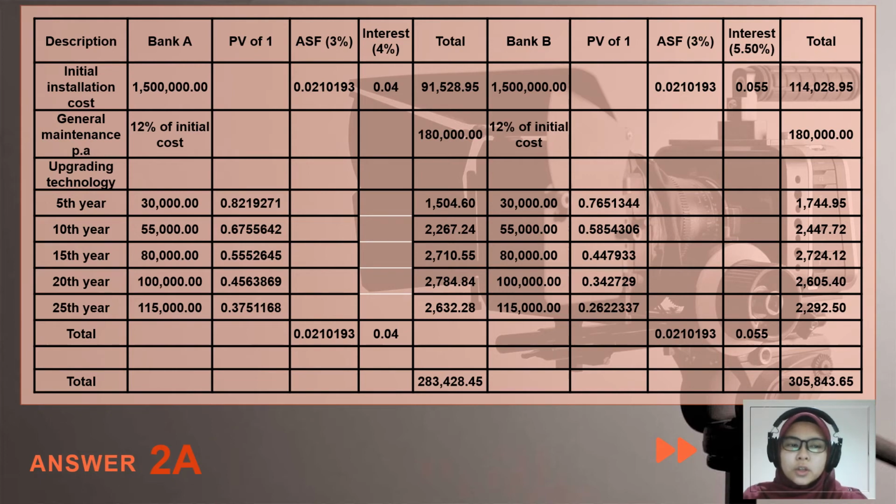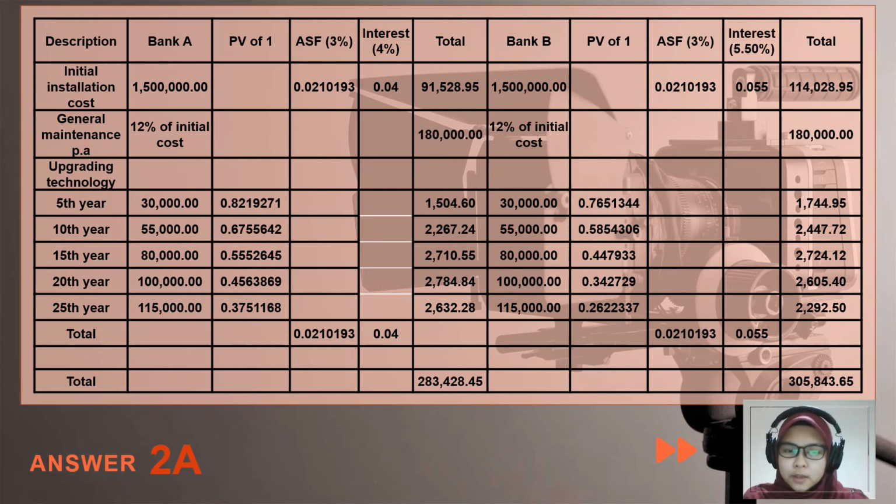So the first calculation would be the initial installation cost. As we can see, both Banks A and B have the same initial installation cost of 1.5 million. The difference is only on the interest rate, where Bank A offered 4% and Bank B offered 5.5%.